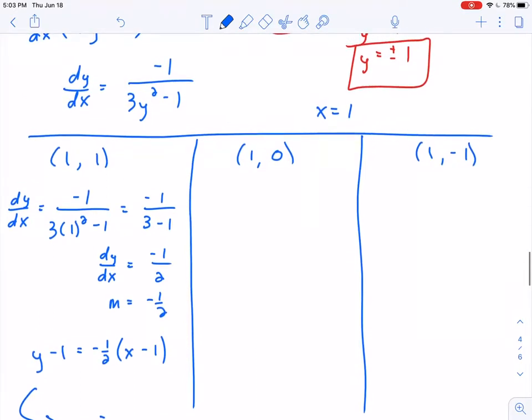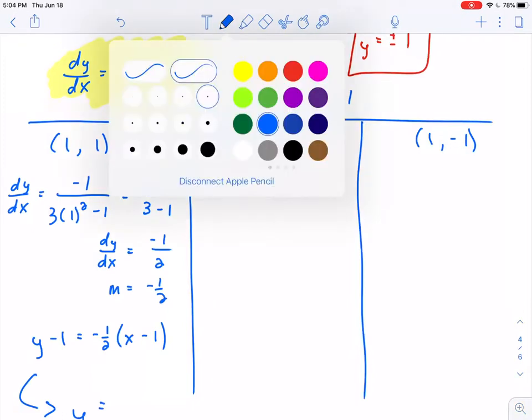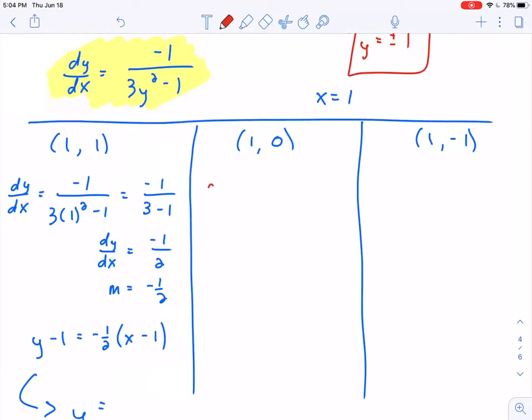Next up, I've got (1, 0). So okay, I'm going to do the same thing. I'm working with this derivative that I found earlier, because I still need the slope. So let's do this in red here just to break it up. dy over dx is equal to -1 over 3 times 0 squared minus 1.